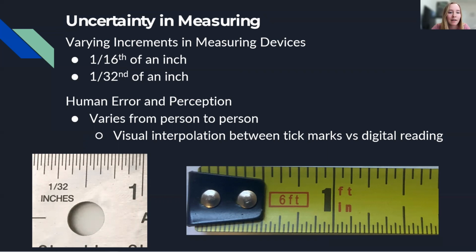So human error comes from different perceptions between people. So there's variance from person to person. And this also comes from the visual interpolation between tick marks. Everyone's going to read a little bit of a different value.